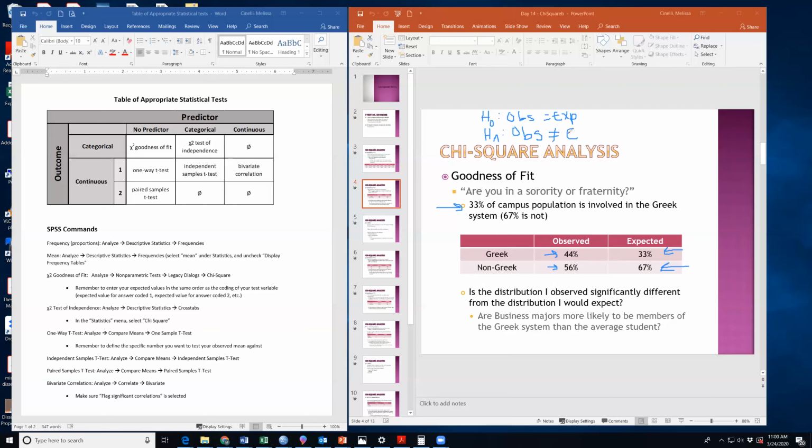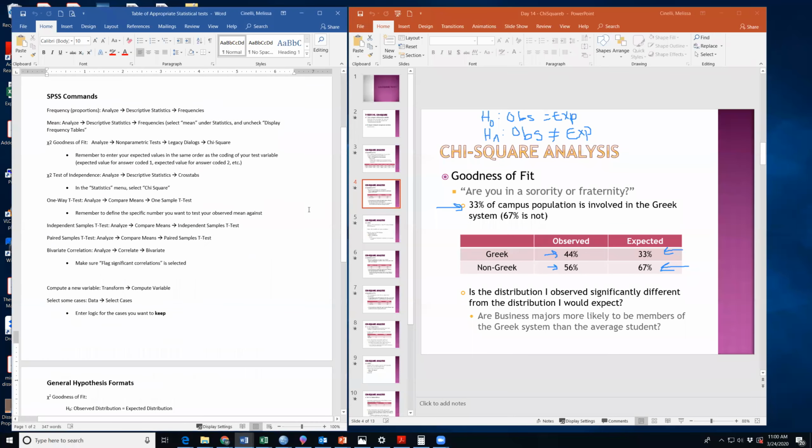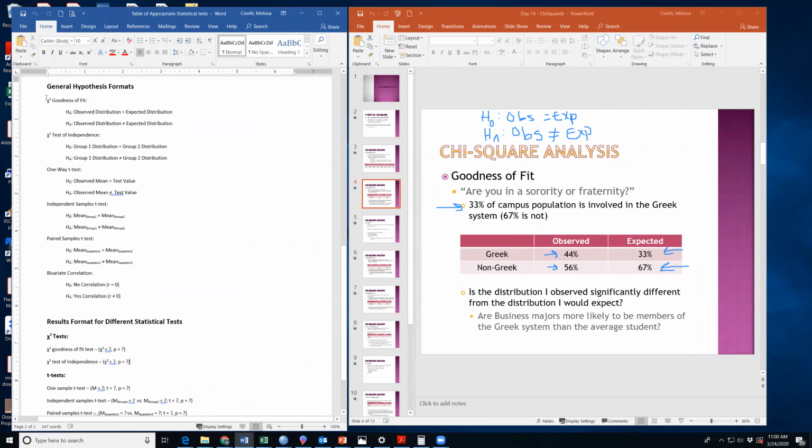And that the differences are so large that I think that they reflect a real population level difference between business students and the general student body. We can see over here these null and alternative hypotheses, all right? The null hypothesis is always what I observed from my population is equal to what I expected. The alternative is that what I observed is not equal to what I expected, all right?